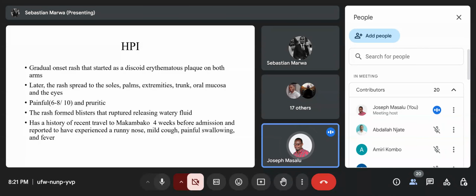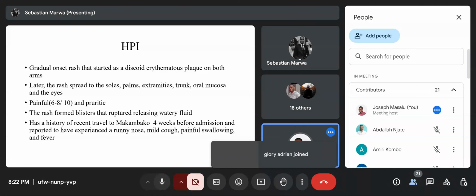If we start with infectious diseases that can present themselves on palms and soles, you all know one of the markers of infective endocarditis, I think, is Janeway lesions. It presents on the palms and soles, but I believe this won't be the case at the end, because we know that blistering disease is not among the presentations of infective endocarditis.